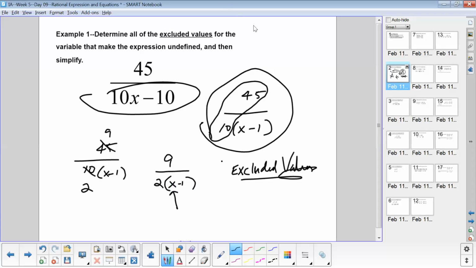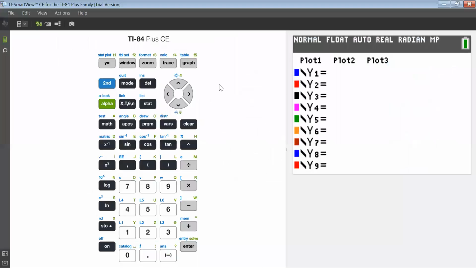So when we look at the calculator, I go to y equals and type in 9 divided by, in parentheses, 2, open parentheses, x minus 1, close it, close it.